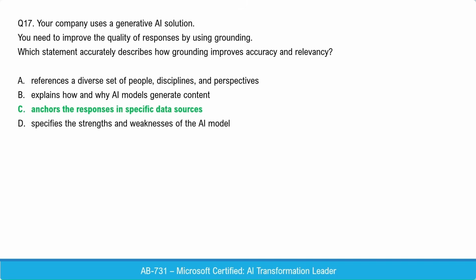Option B talks about explaining how models generate content. This is transparency. And option D talks about strengths and weaknesses of the model. That is evaluation, not grounding. So when the goal is to improve accuracy and relevance using grounding, the correct answer is option C, anchoring responses in specific data sources.